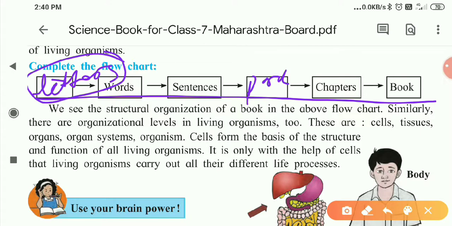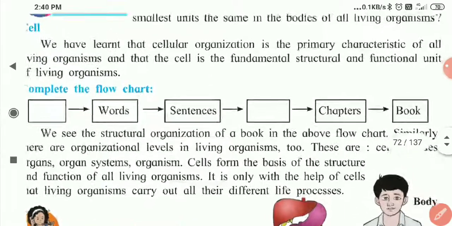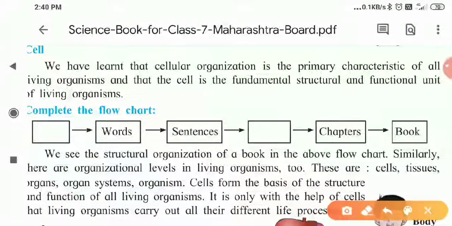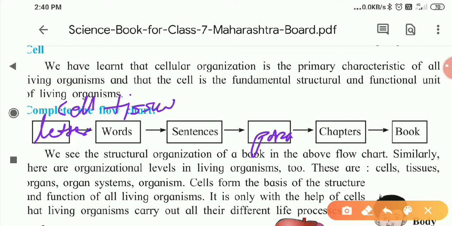In the same way, if you think about your body, the cells come together. Instead of this flow chart, if you take the example of our body, first cells come together and form tissue. Tissues of the same function come together and form an organ.